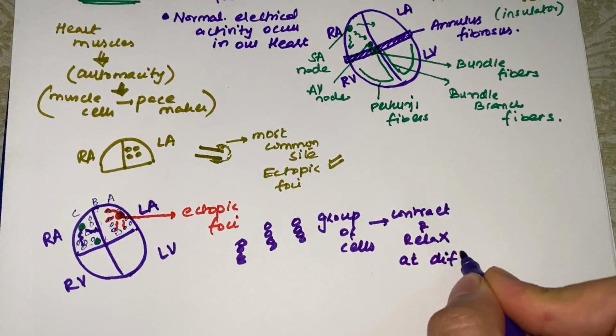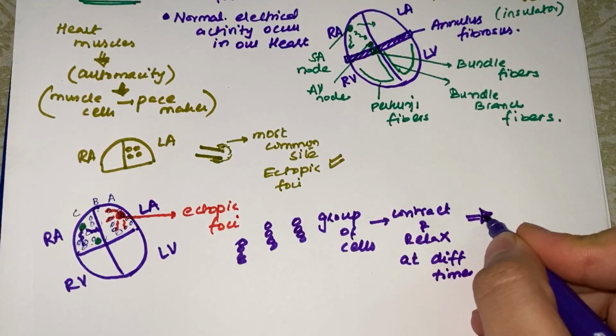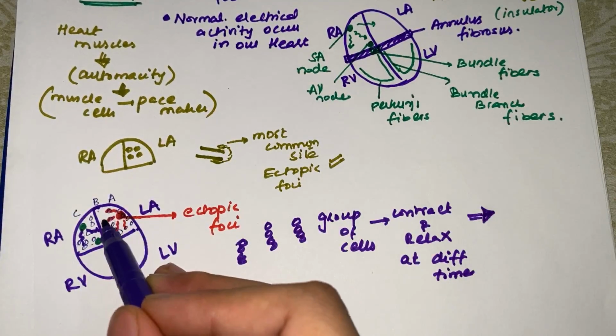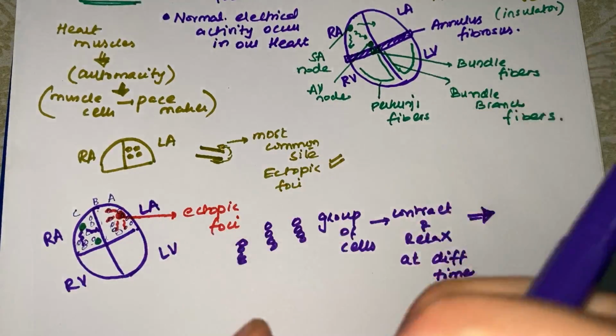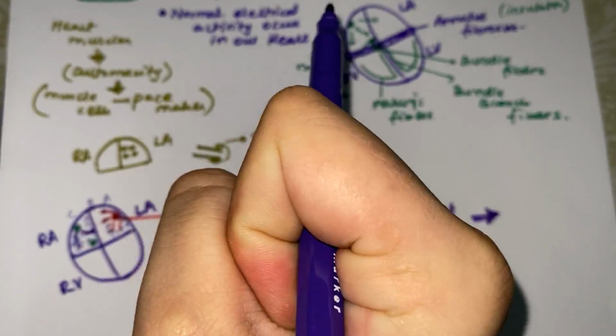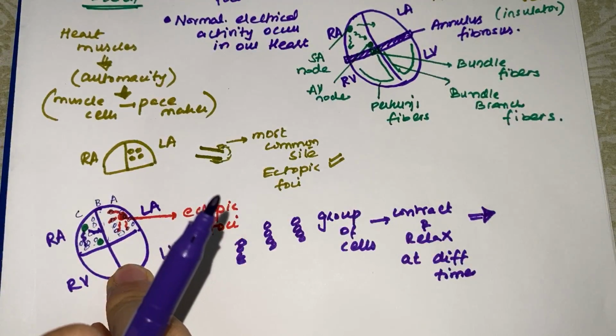at different times. What this means is that normally this whole atria is depolarized at the same time, then contracts at the same time, look at my hand, generates the pressure and ejects the blood into the left ventricle and right ventricle respectively.